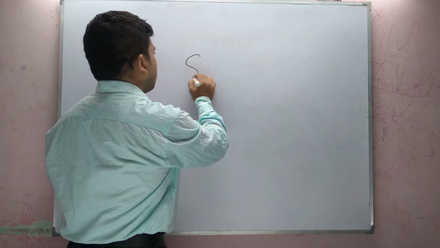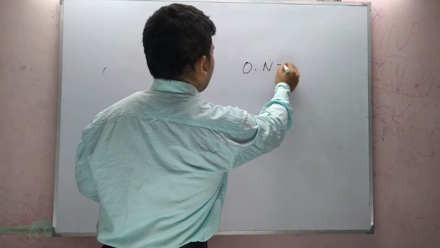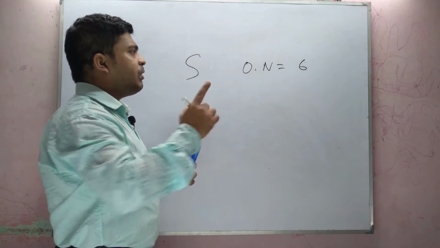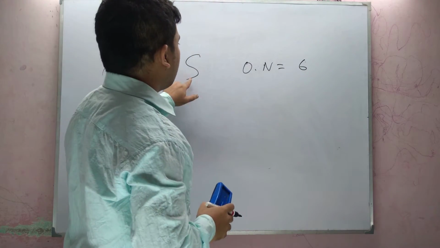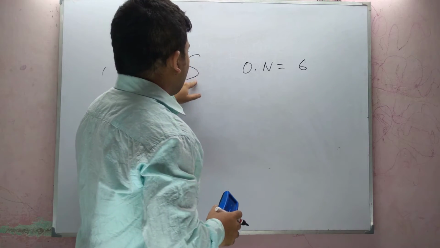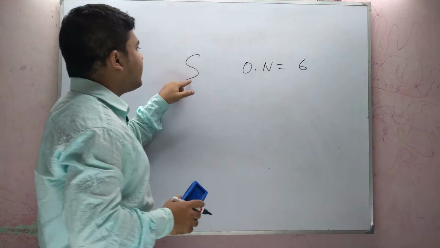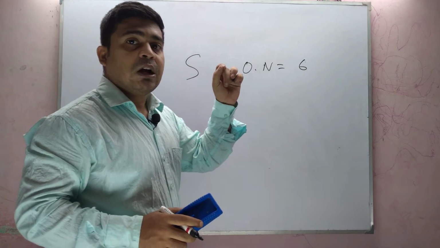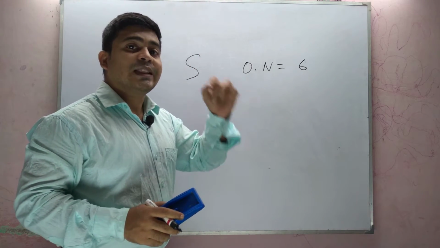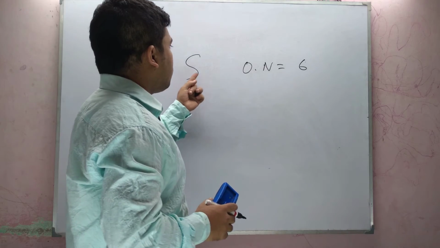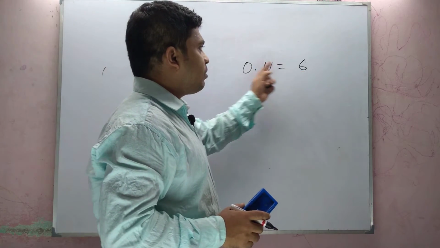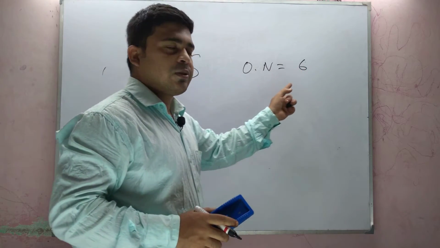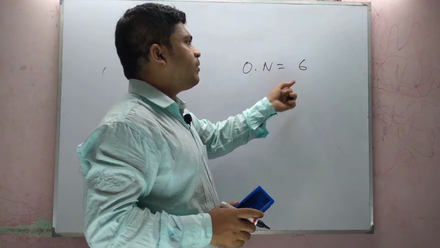For example, the oxidation number of sulfur cannot be more than 6. 6 is the maximum oxidation number of sulfur, because the number of unpaired electrons in the excited state of sulfur is 6. It cannot be more than 6.